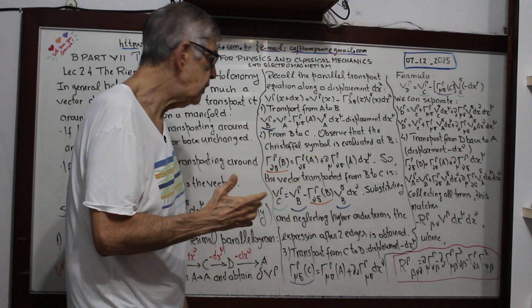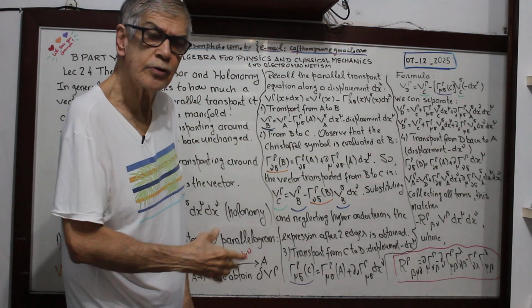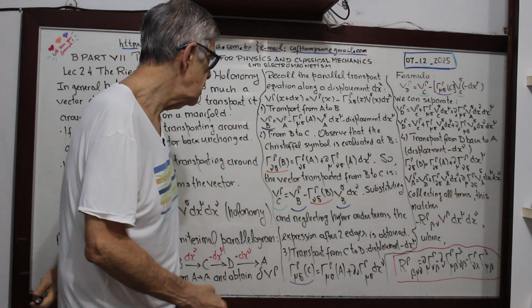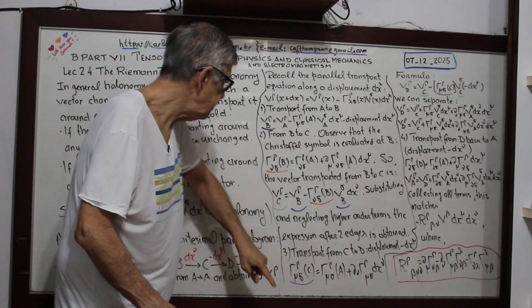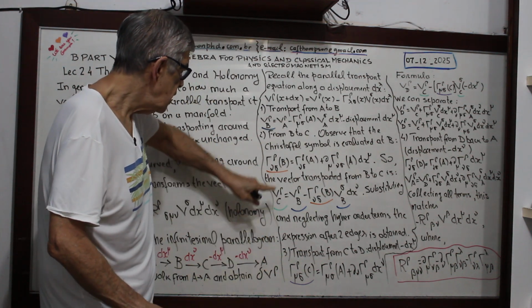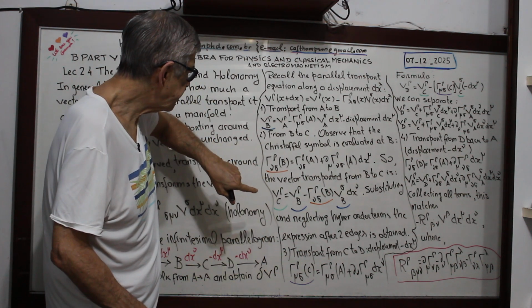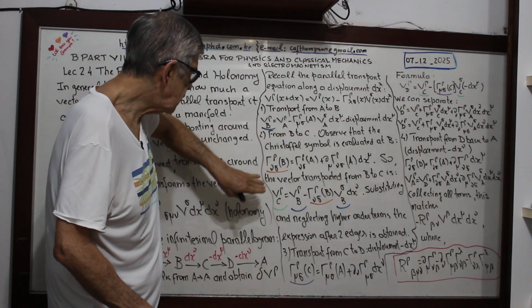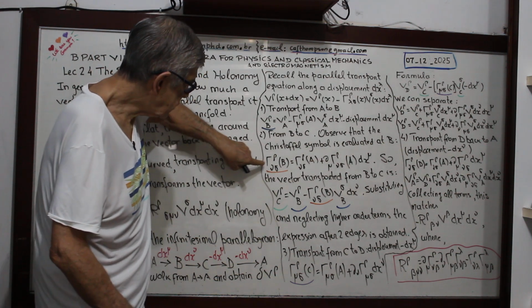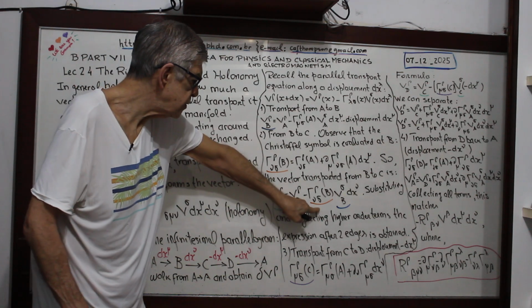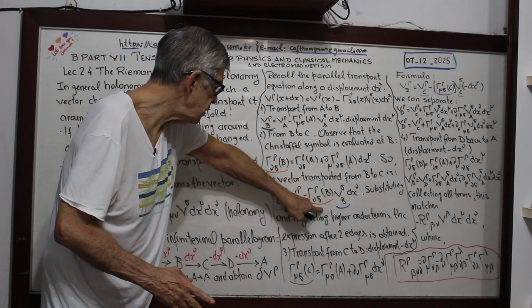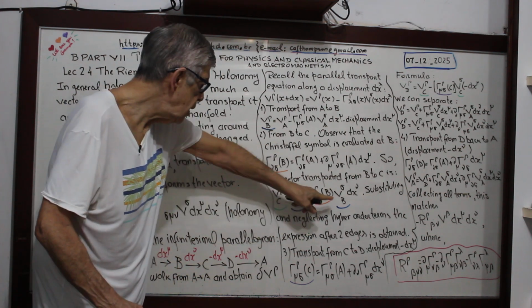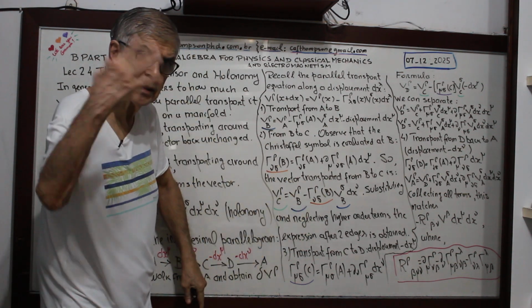Here I neglect the higher order terms in the Taylor series. So the vector transport from B to C is, I substitute this Christoffel symbol here. It's quite easy. You see the colors over here, the blue one and the green one we use later.